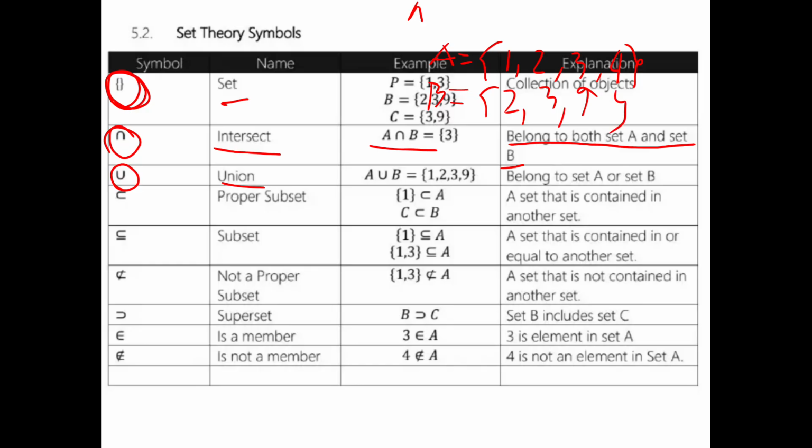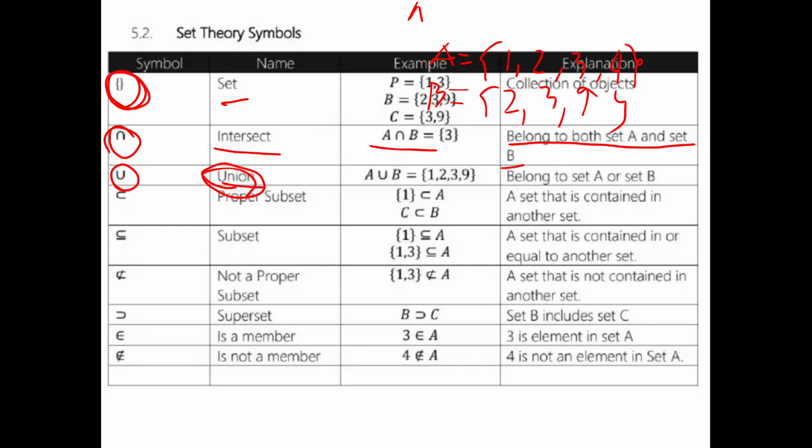You will fuse or merge these two sets, from the word union. You combine them into one. However, you cannot repeat a number. If you have 1, you cannot write 2 twice, and 3 twice, just because one is in A and one is in B. No. You should only write it once.